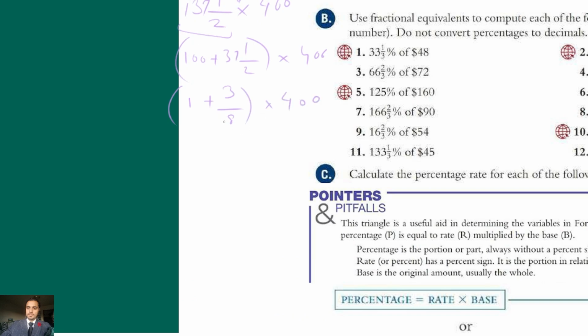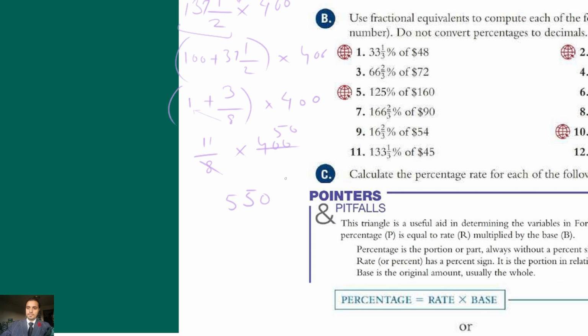From the fraction videos, you might remember all we have to do is multiply and then add. So 11 over 8 times 400: 400 divided by 8 is 50, and 50 times 11 is 550.